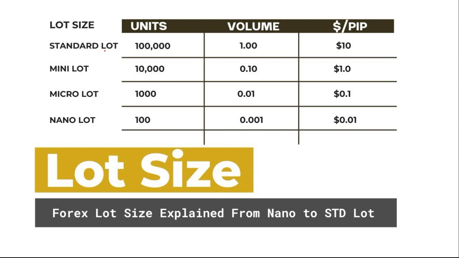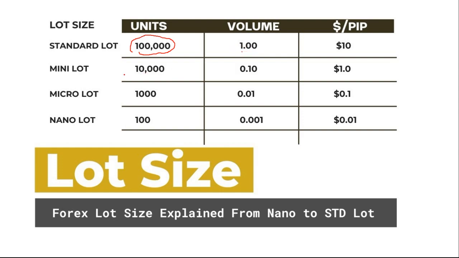For a standard lot, that's 100,000 units of the currency. What you're going to be putting on your broker platform is 1.00. Now don't let this confuse you. If you want to open 100,000 units of this currency, whether you want to buy or sell, what you're typing on your broker platform is 1.00.